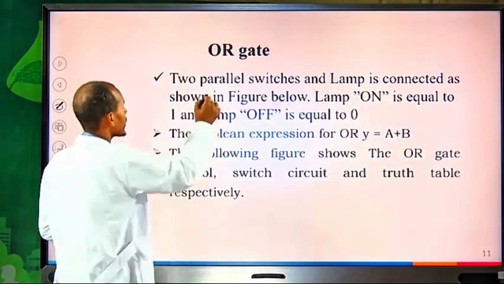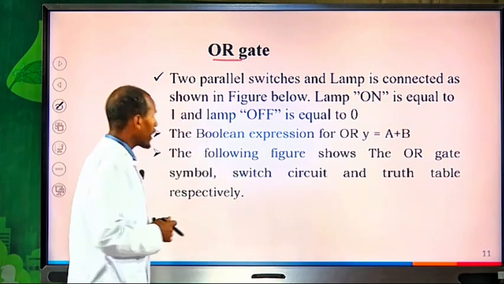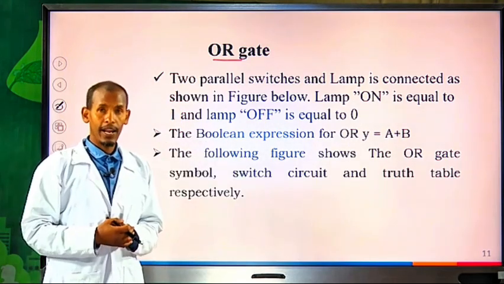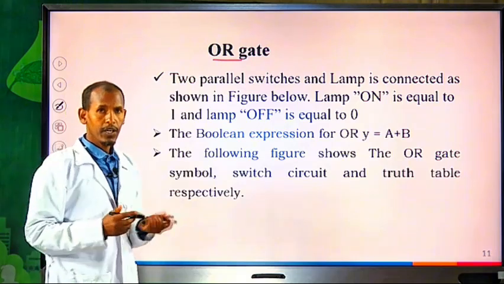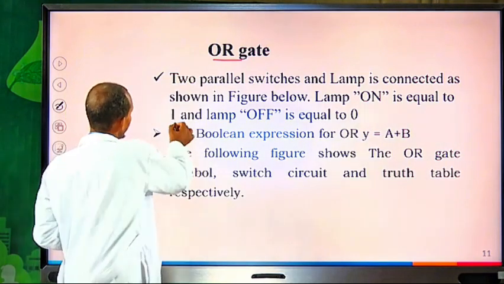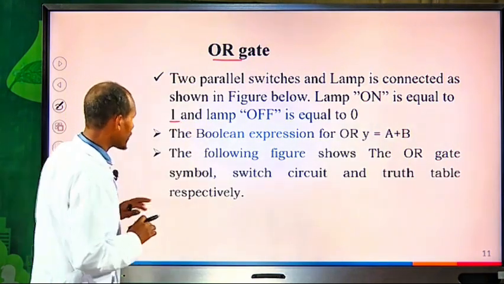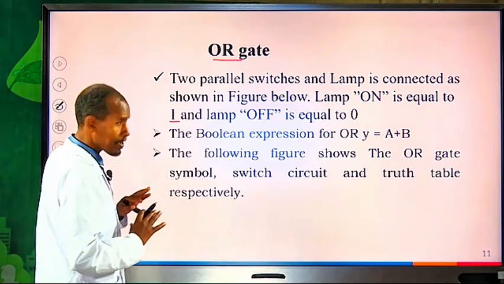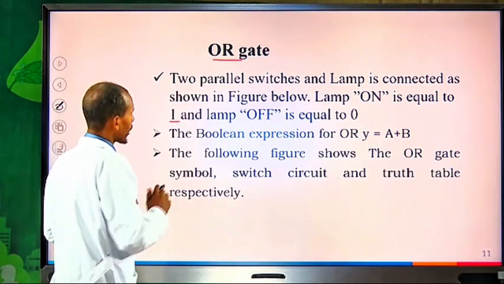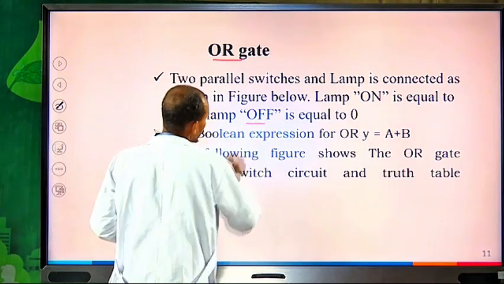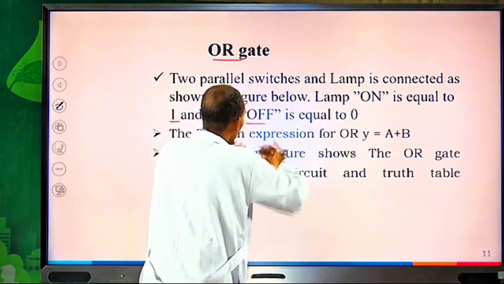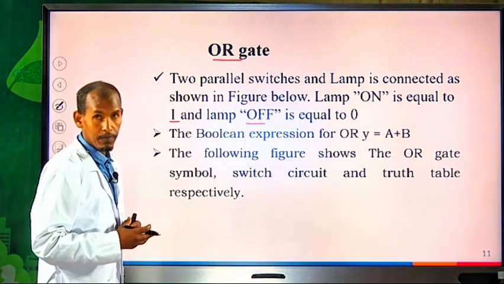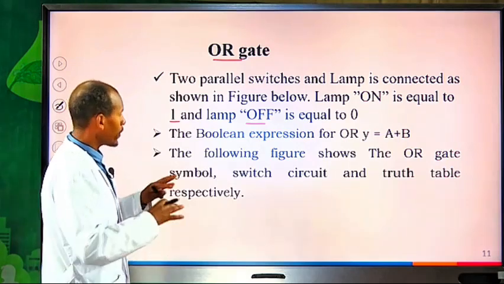The first one is the OR gate. The OR gate is a parallel switch. In this case, 1 is used for on, or high value, or high voltage, and 0 is used for off, which means low value, or there is no current.